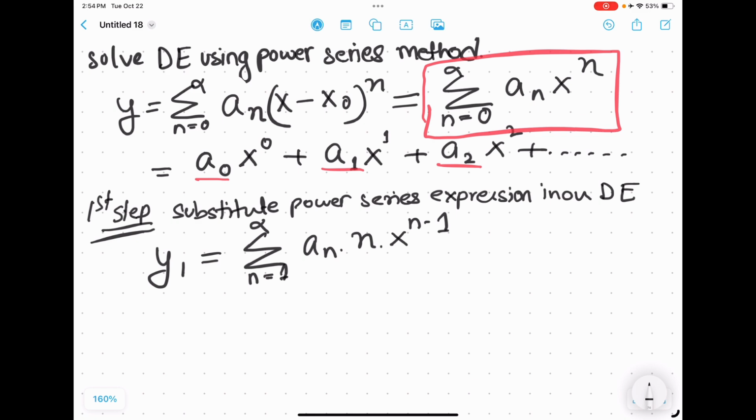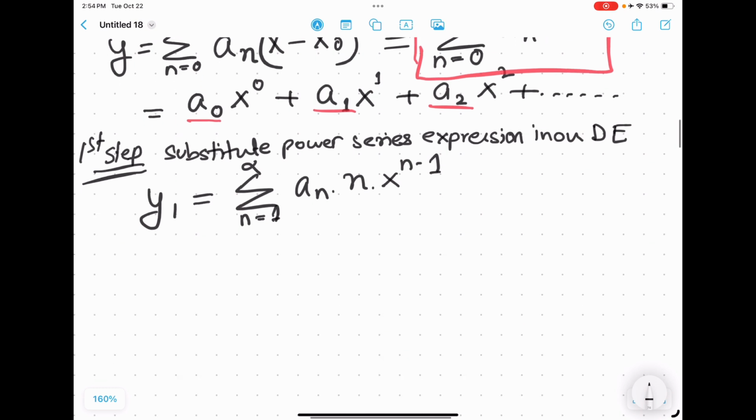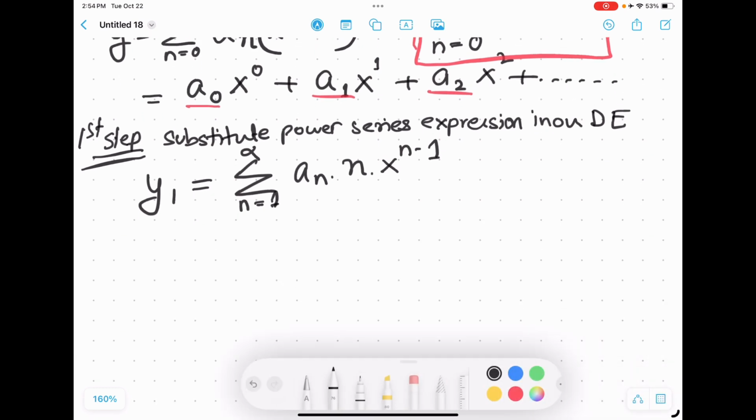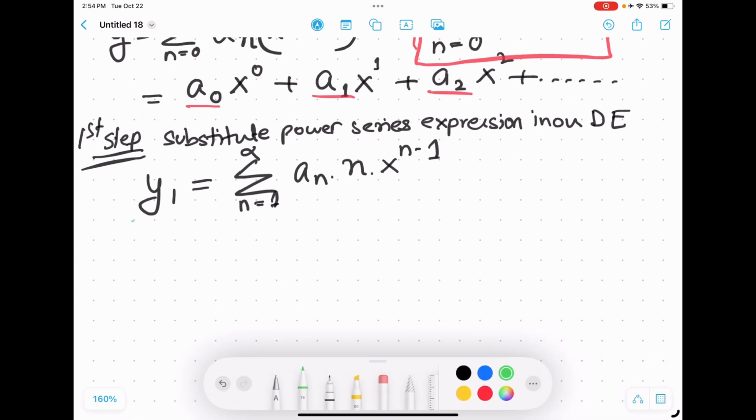If we have a second derivative, that means n will start from 2 instead of 1. So now we have our y prime as well. Let me highlight that using a green box. I just like colors in my little math workbook.